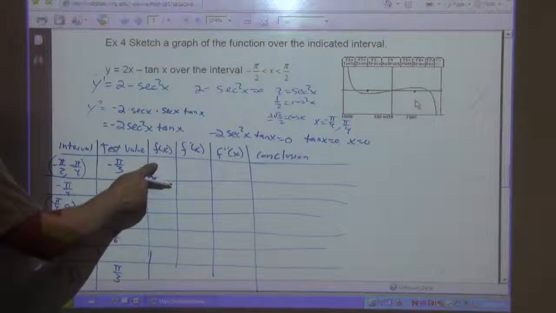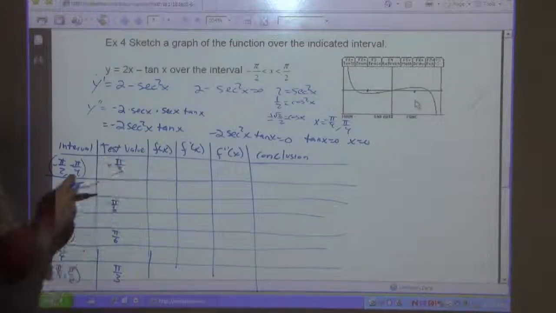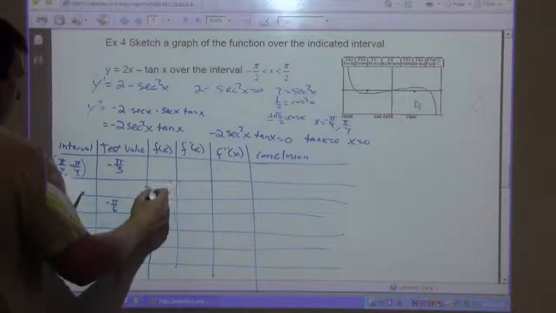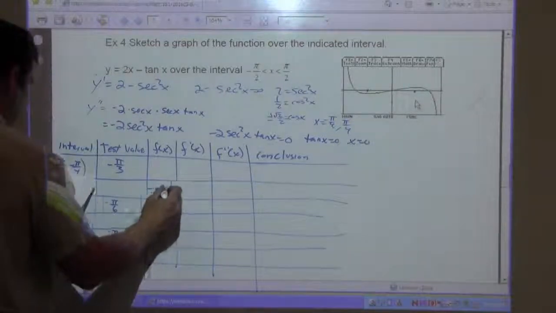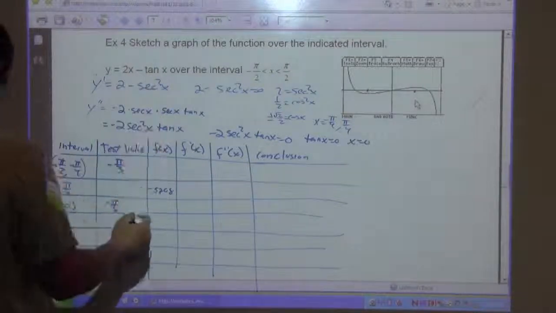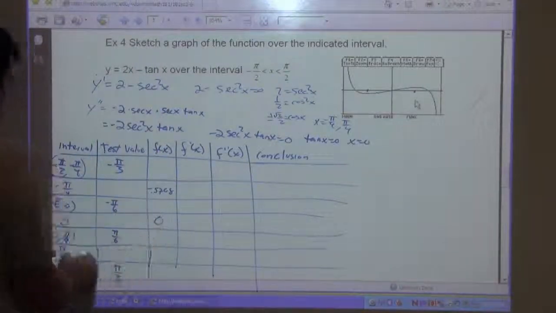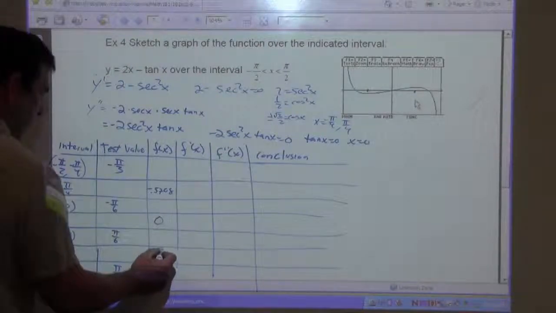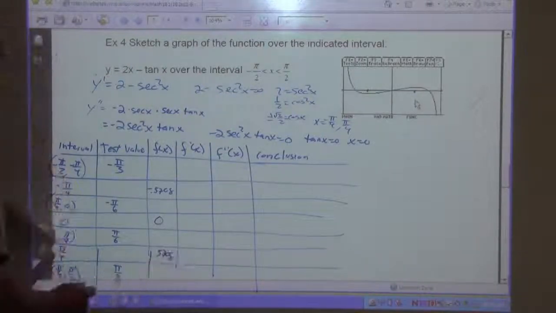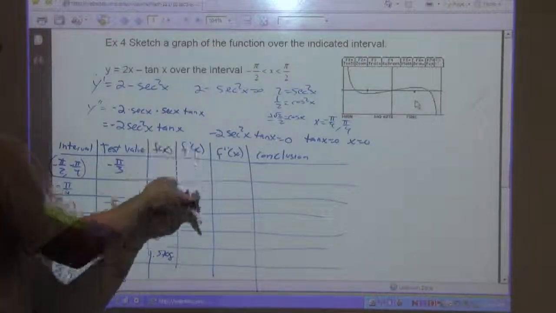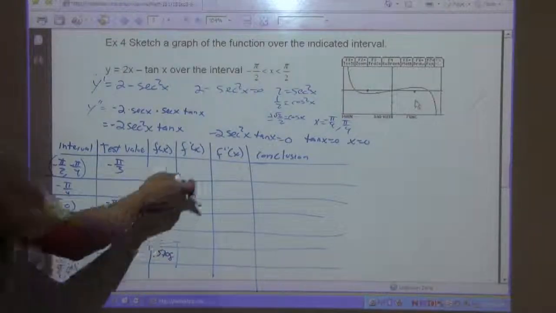So f of x, f of negative pi over 4, if I plug this into the original function, I'm going to get negative 0.5708. If I plug this one in, I'm just going to get 0. If I plug pi over 4 in, it's going to be positive 0.5708.